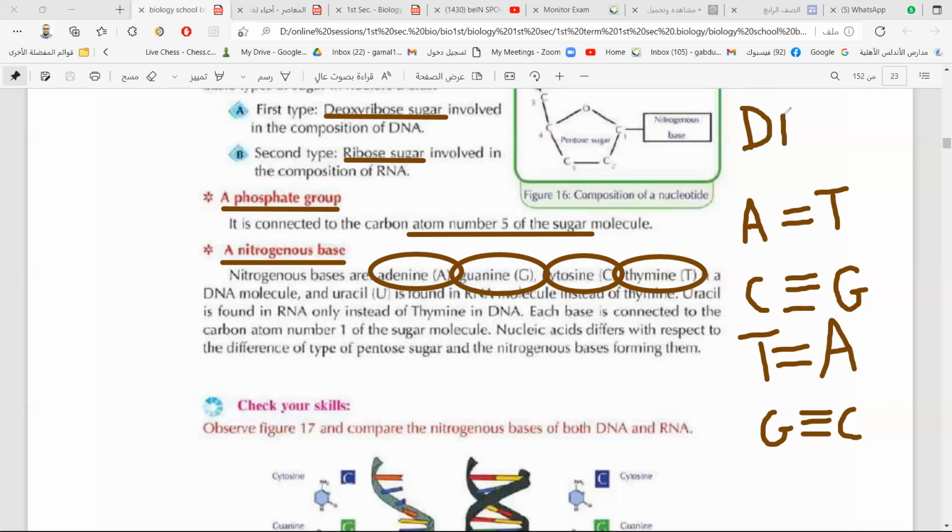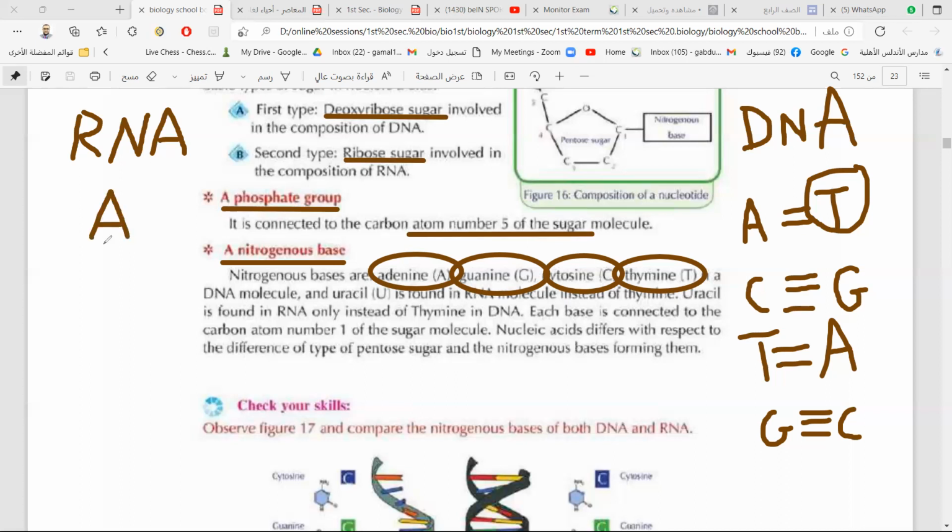But in the RNA molecule, T is not found. T is replaced. We don't have thymine at all, but we have another nitrogenous base which is called uracil. So we have adenine, we have uracil instead of thymine, we have cytosine, and we have also guanine.